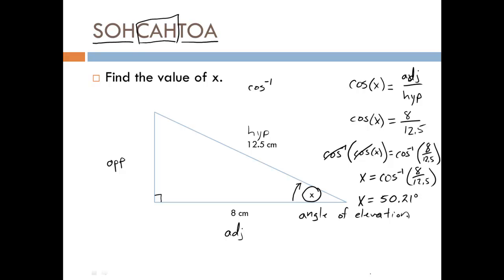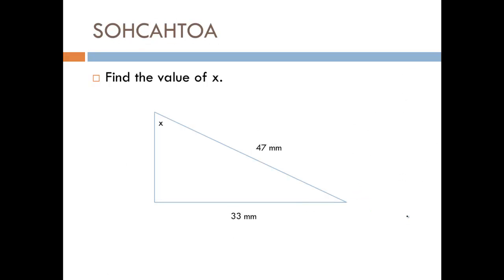Let's look at another example. Okay, in this example, our reference angle is actually up here. And from that particular angle, we have this measurement of 33 millimeters, and that is actually the opposite side. And we still have a hypotenuse here, which is 47 millimeters.